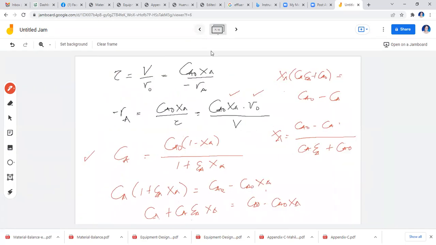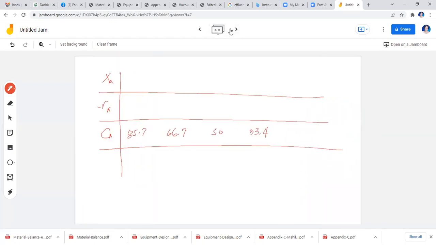Epsilon A is negative 0.5. This is your formula. Okay. Can I ask for the answer for the XA?